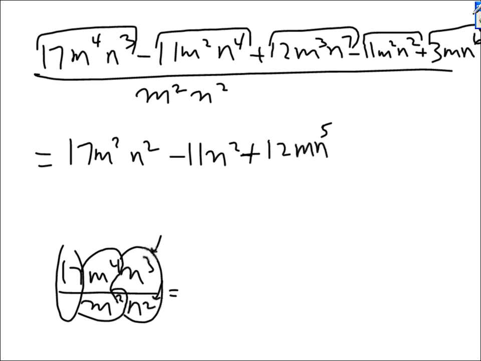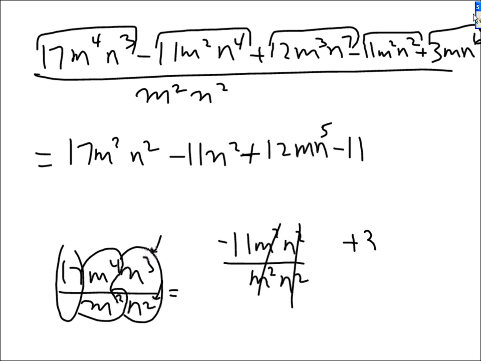The next one is minus 11 m squared n squared. When you divide it by m squared n squared, you just get negative 11. The next one is plus 3m n to the 6th, and we're dividing by m squared n squared. Well, you get plus 3. Here's the 3. When it comes to the m's, you have more in the bottom.